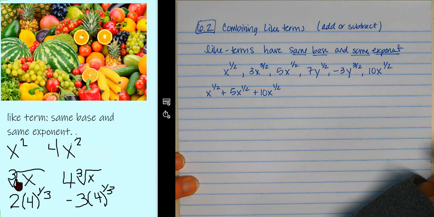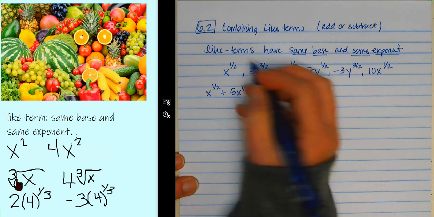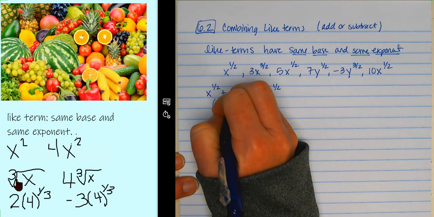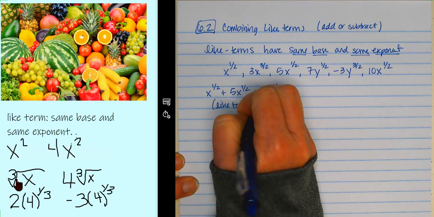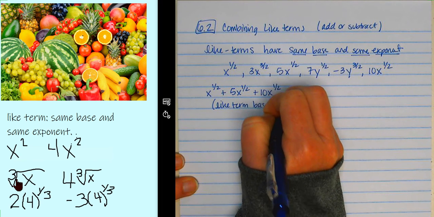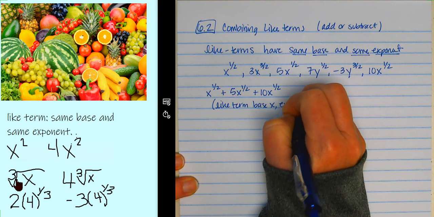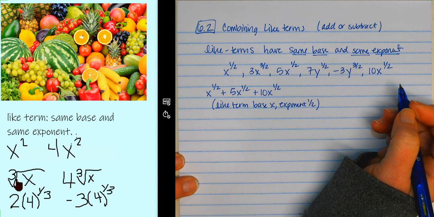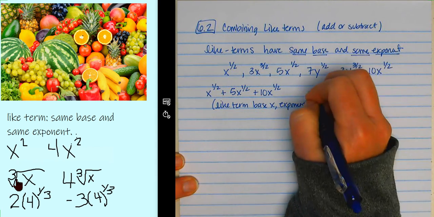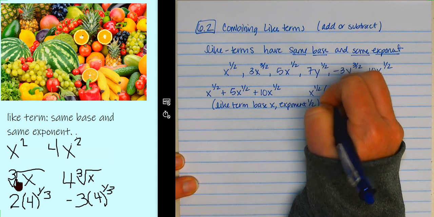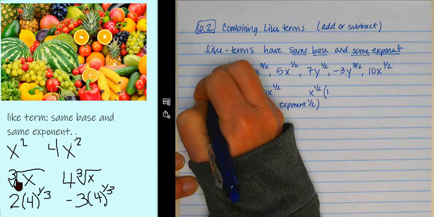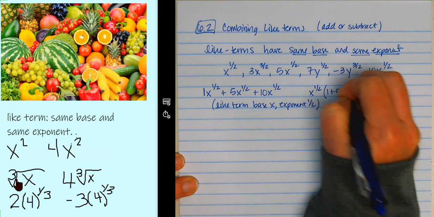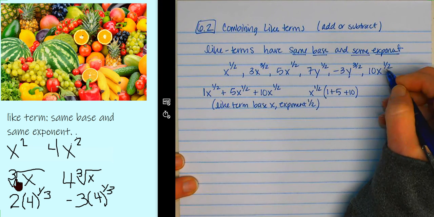And here I have a quantity of something. So I have the like term, which is base x, exponent 1/2. So basically I'm saying, okay, x to the 1/2, I have 1 of them, this is an understood 1, plus 5 plus 10.